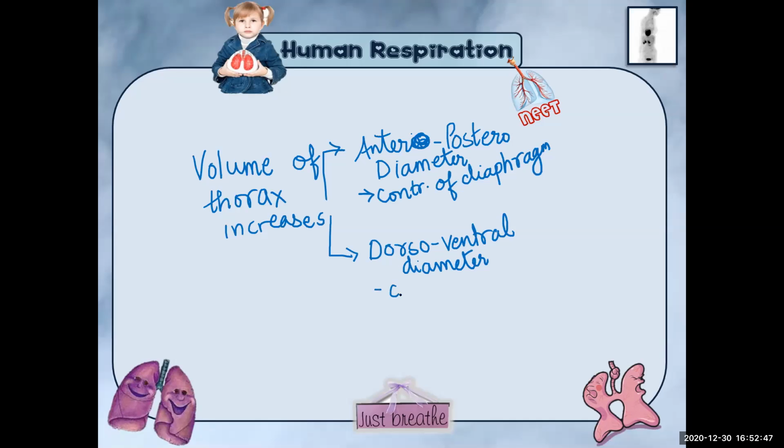Whereas dorsoventral diameter of the thoracic cage is increased by contraction of external intercostal muscles. Very very important.